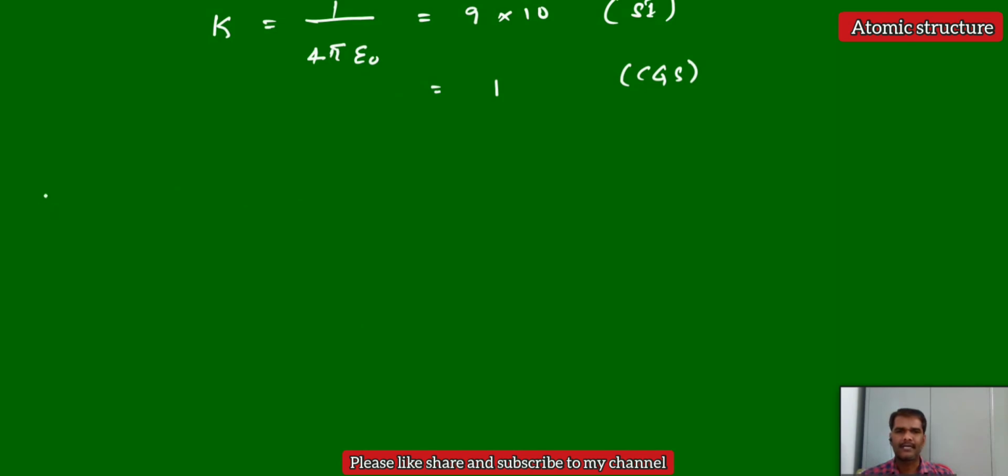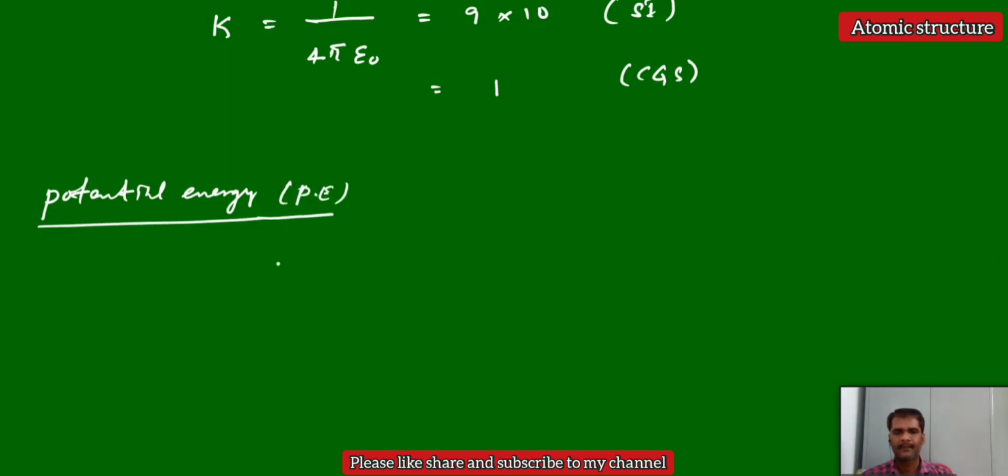Next, we have the potential energy. Again, for the potential energy of two charged particles present at a distance r, we have a formula you should remember. Potential energy equals k into q1 q2 by r.